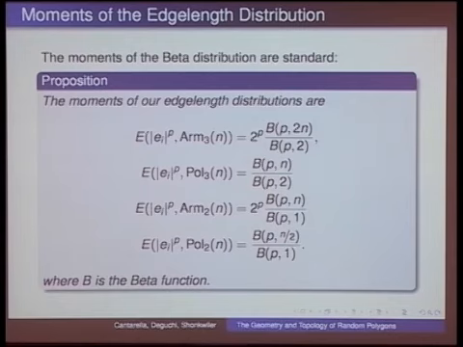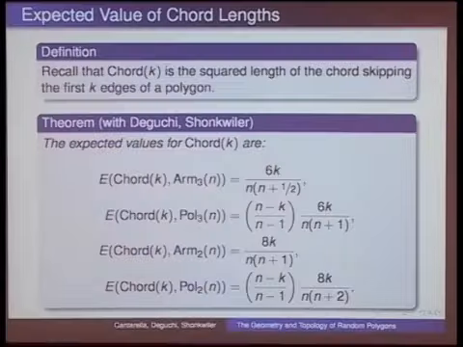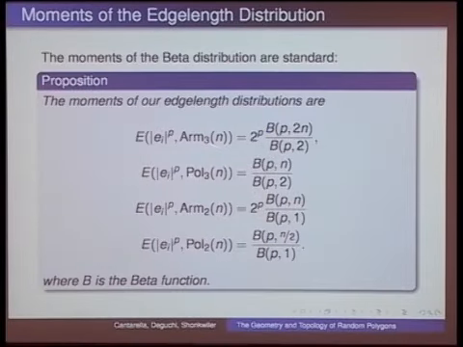They're beta functions, which is maybe not surprising because I integrated beta distributions to get them. And so in particular, I know the squared edge lengths by plugging in p equals 2 in these formulas.